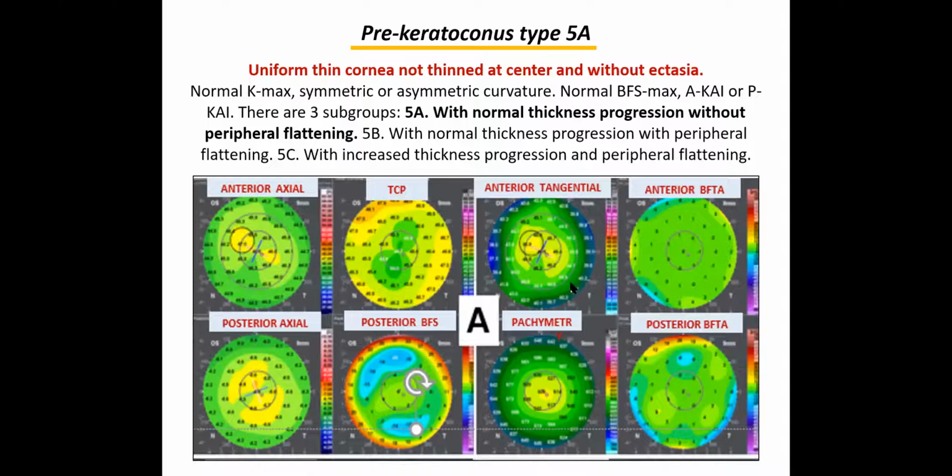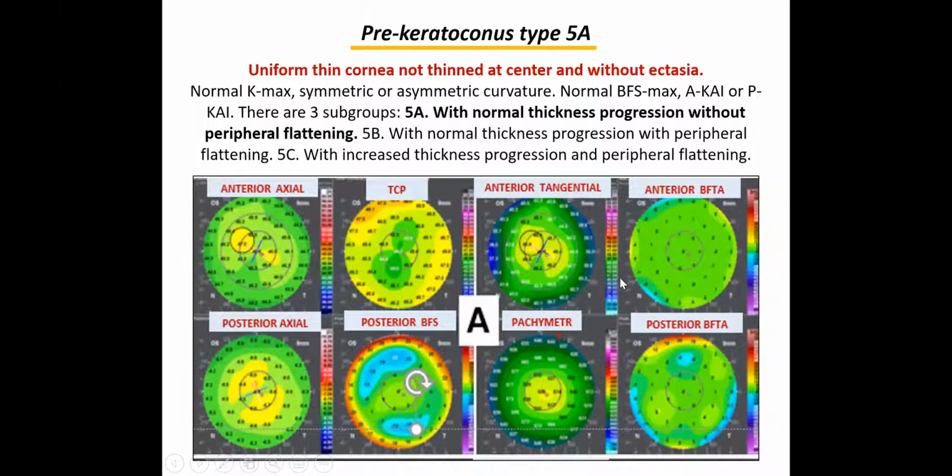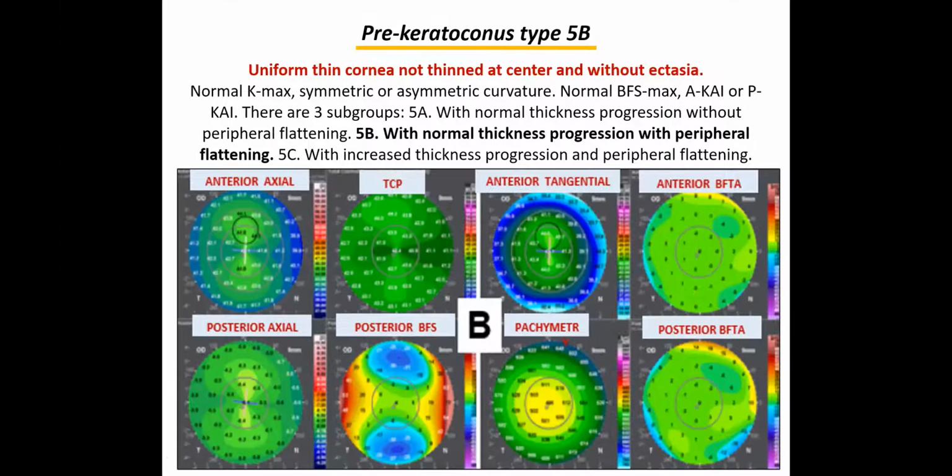So another kind of prekeratoconus is very thin corneas. As we saw in the thickness progression report of Galilei, we can discover this very easily. We have a thin cornea around 490, 500, but the rest is completely normal, okay? Only a toric cornea. Then we have the type 5B, which is normal thickness progression.